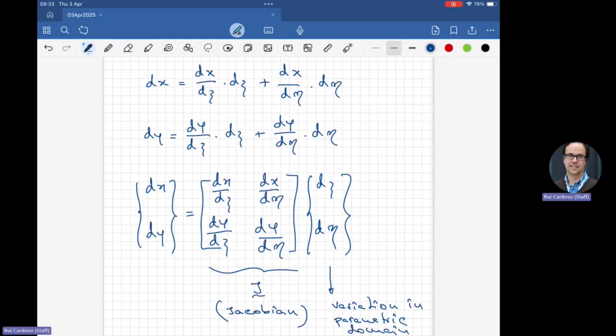So if I multiply that variation in the parametric domain by my Jacobian matrix, I get my variation in the physical domain, which is the kind of mapping I was saying, right?